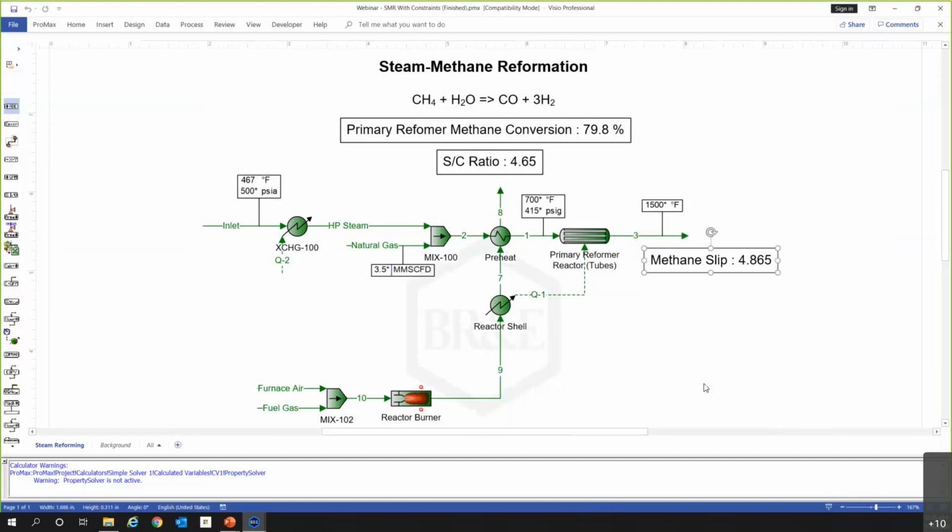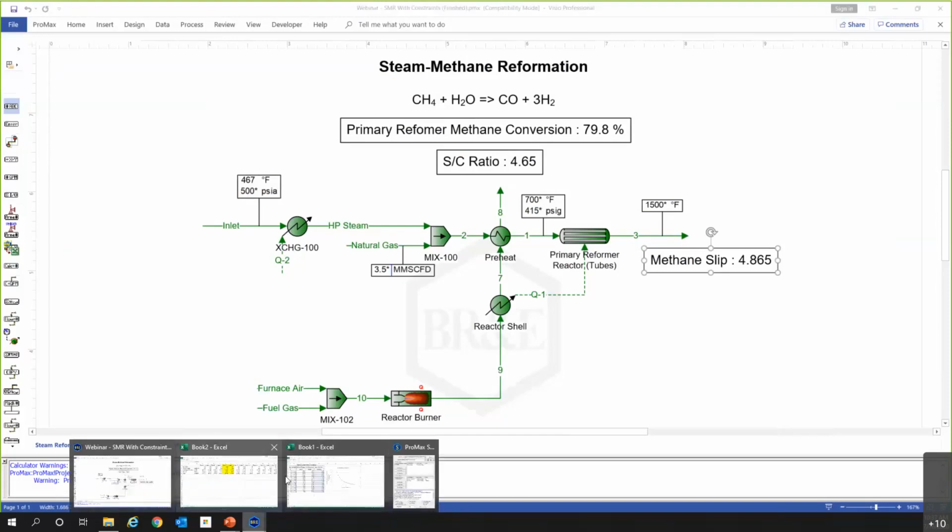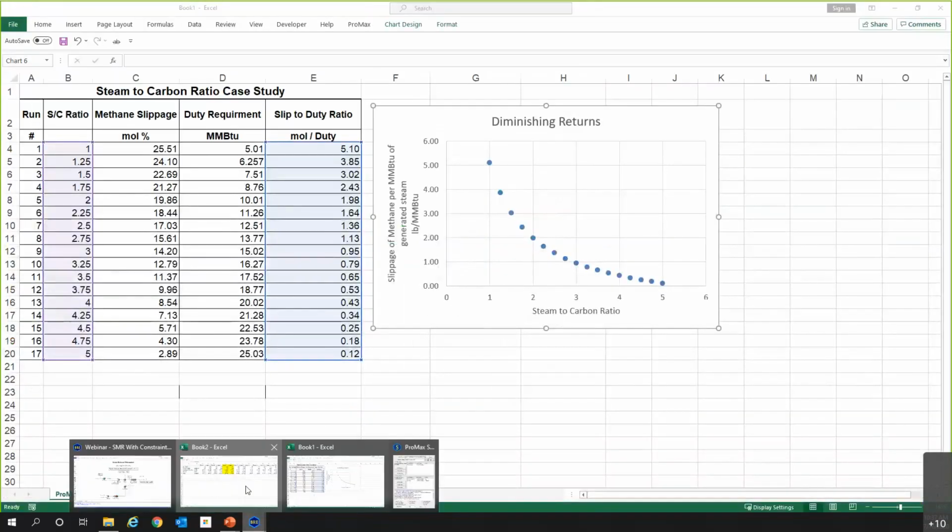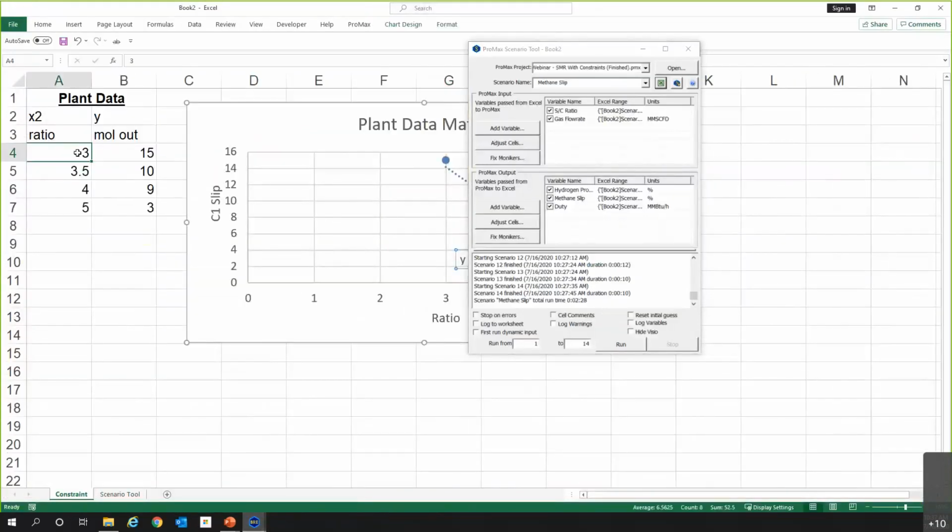Johan asked, model validation, how accurate is it and what main parameters do you use to do that? So Johan, this is matching the plant data exactly. So if we ran at a ratio of, let's see, from refinery A, they told us at a ratio of 3, they were seeing 15 mole percent methane slip.